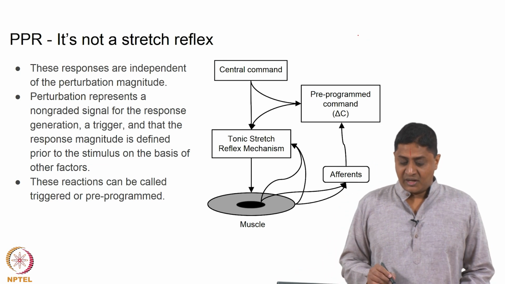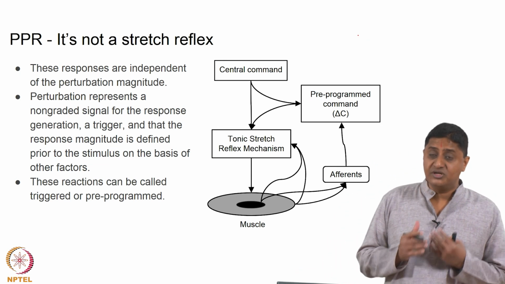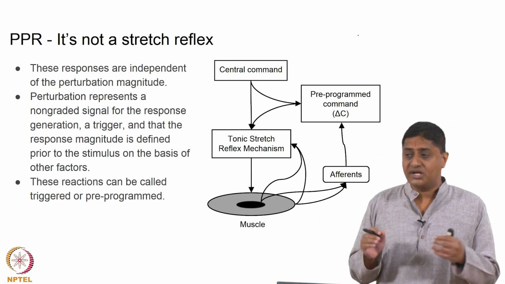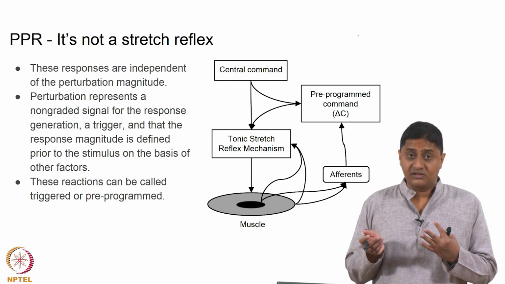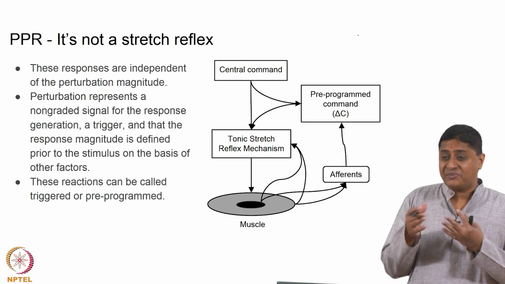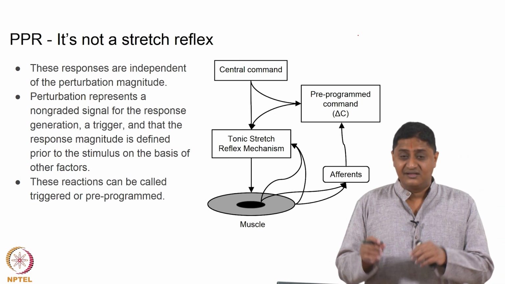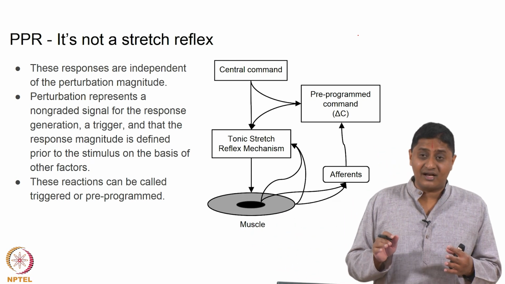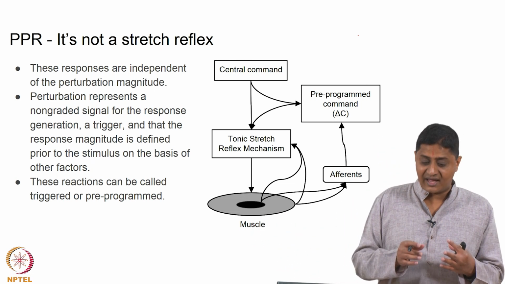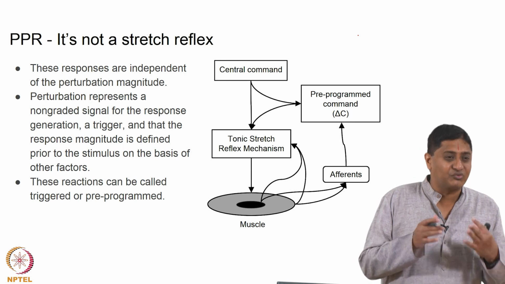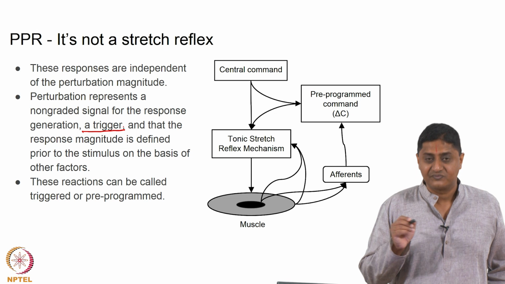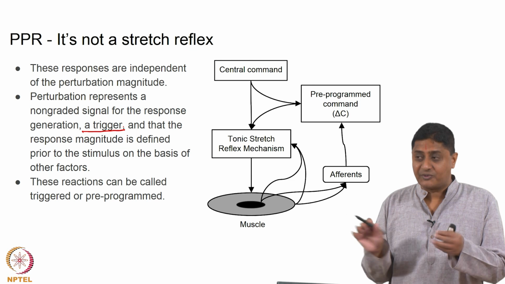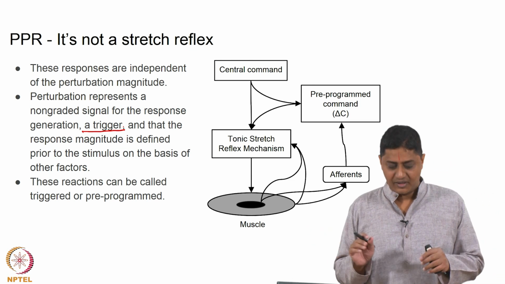The stimulus or perturbation amplitude has very little or no correlation with the response. In other words, it is the presence or absence of the stimulus that is detected. Is there a stimulus? Yes, then there is a response, and that response is going to be canned. The perturbation acts as an on-off switch, a trigger, which is why it is called a trigger reaction. If the perturbation is there, there is going to be a response, depending on the presence or absence of the perturbation alone.